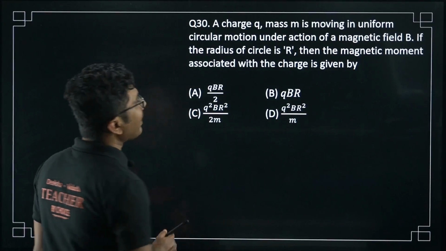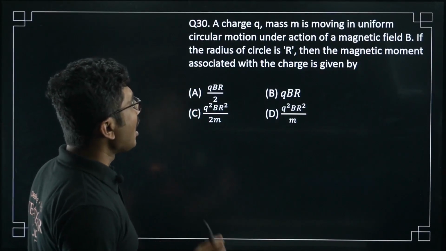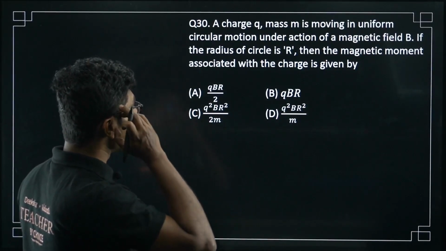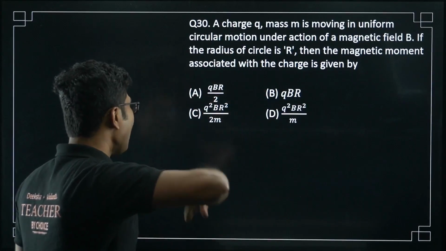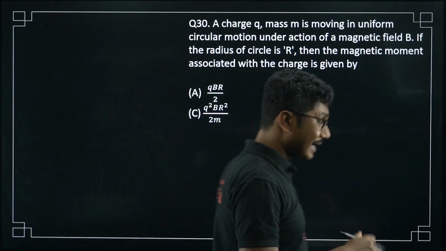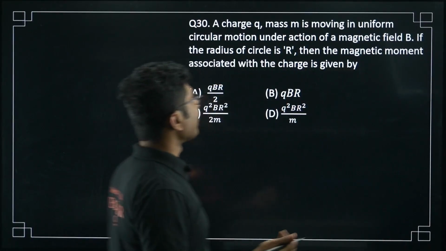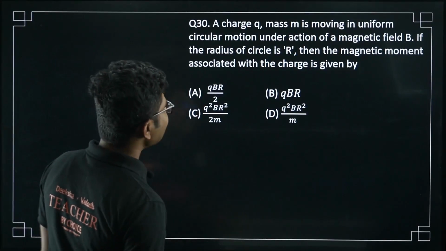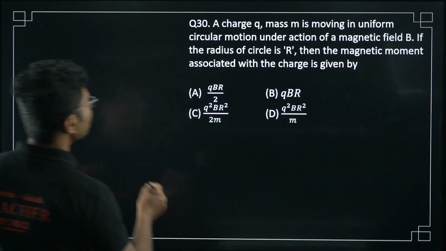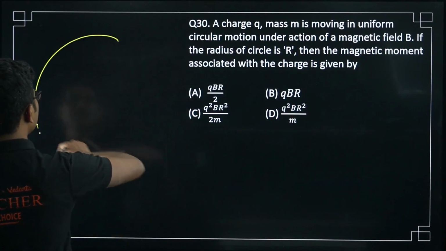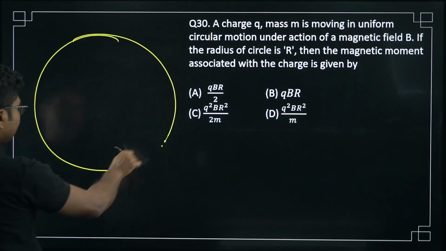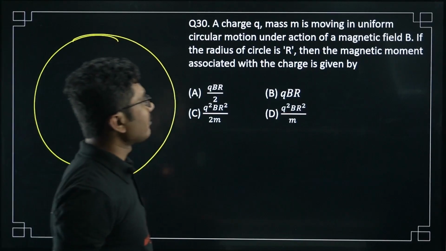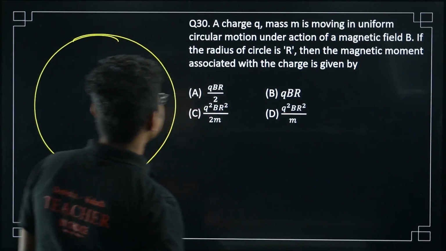There are two ways to calculate magnetic moment. One is current into area. Now here we have a charge q, mass m, moving in a uniform circular motion under the action of a magnetic field B. The radius of the circle is r.